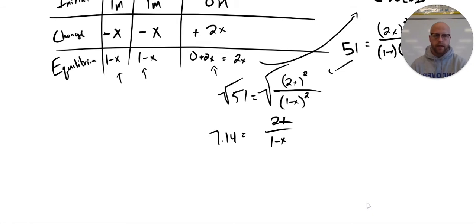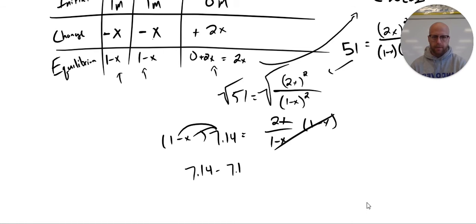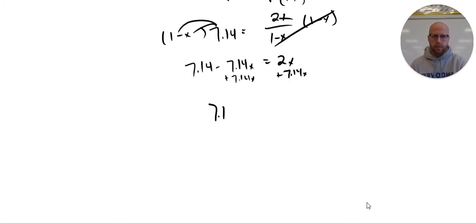So I'm going to get x out of the denominator, so 1 minus x, I'm going to multiply both sides by that. Distribute in. 7.14 minus 7.14x is equal to 2x. I'm going to add this term over to the other side. I'm going to come up with 7.14 is equal to 9.14x.